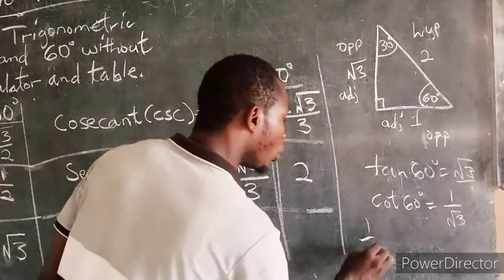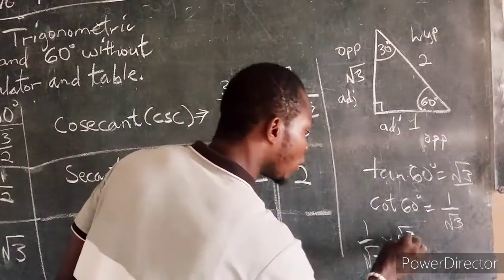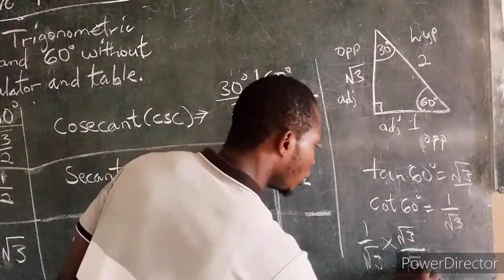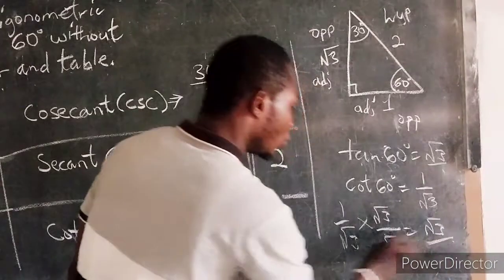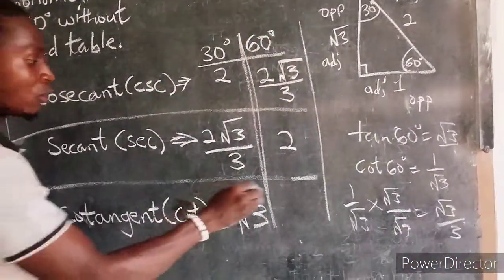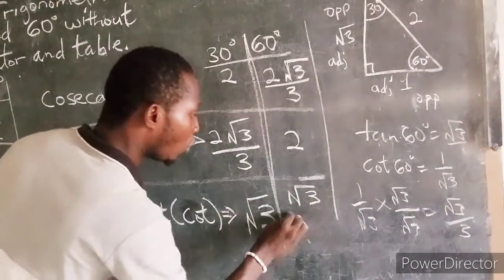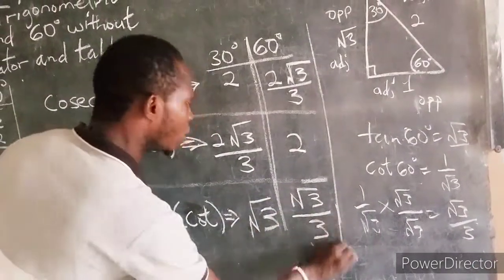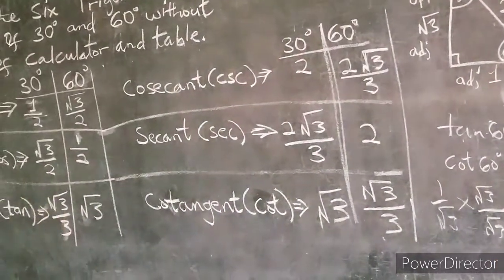So 1 over the root of 3, we multiply by the radical root of 3. So 1 times the root of 3 will just be the root of 3. The root of 3 times the root of 3 is just positive 3. So this will give us the root of 3 all over 3. So these are the 6 trigonometric ratios.